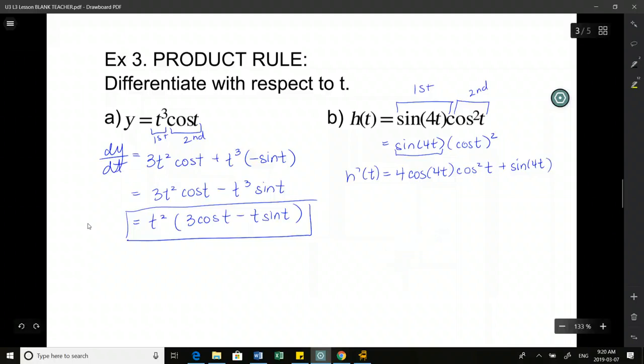Okay, so the first times the derivative of the second. So I have to do a power rule and chain rule type thing here. So I do 2 cos t times the derivative of the inside, which is negative sine t. Sorry, that should be on this line right here. Okay, so here's what we've got.